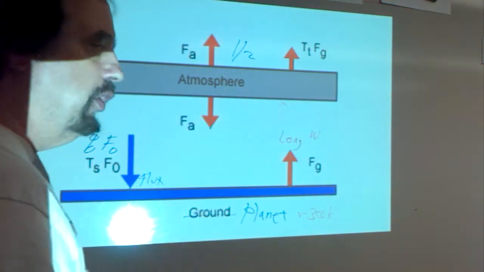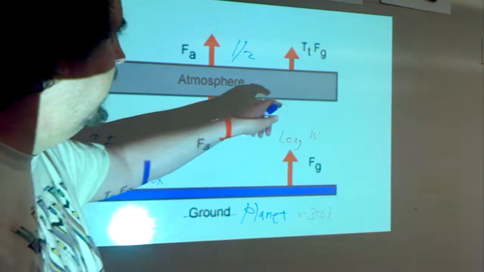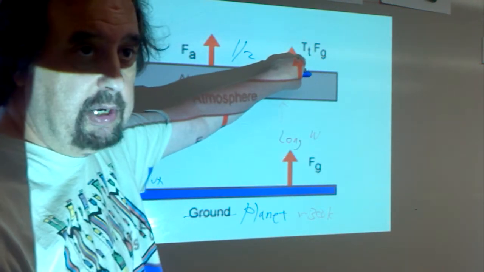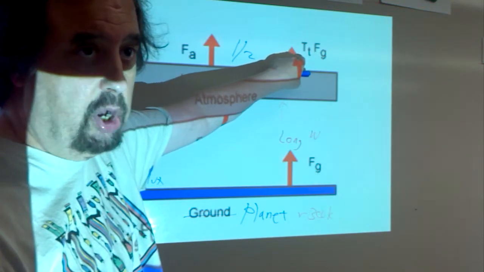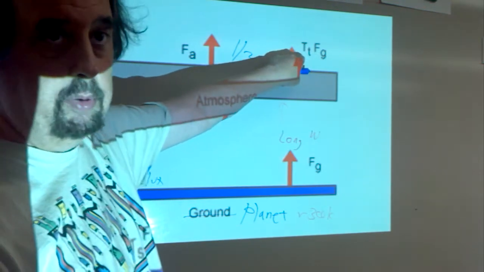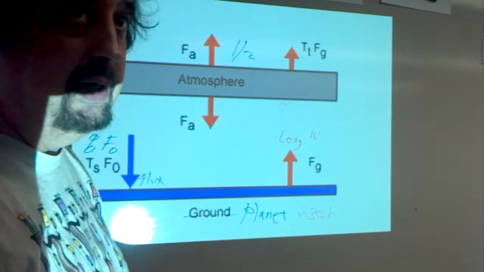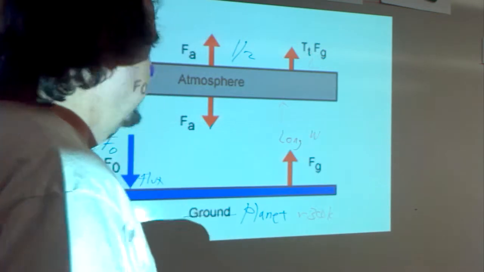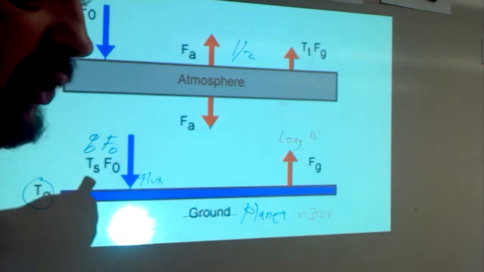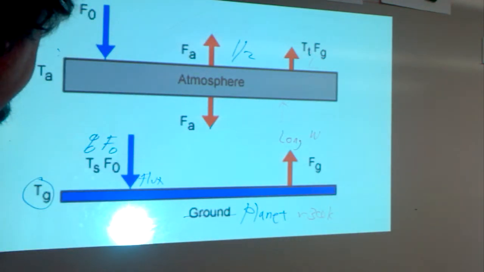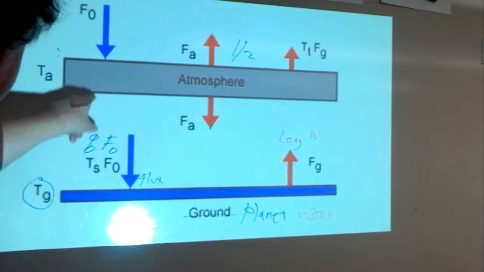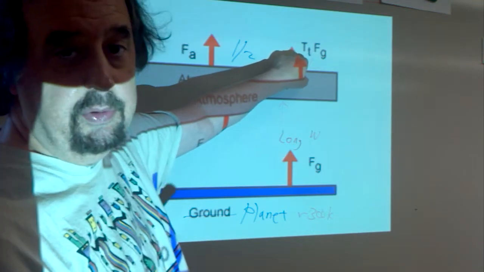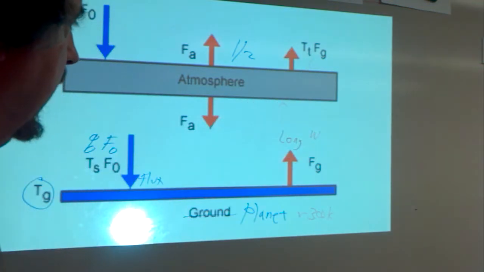And so the flux that's going out of the atmosphere is the flux that's emitted by the Earth modified by the transmission of the atmosphere at long wavelengths, which for some reason the literature likes to call T sub t. It really should be T sub L for long wavelengths. And, of course, as much flux goes in as goes out, so ultimately T sub s times F0 has to balance T sub t times Fg. That's what's in the course notes, so I won't go through that here.